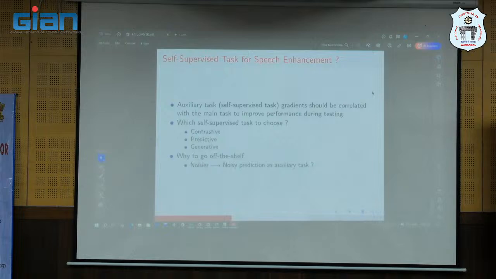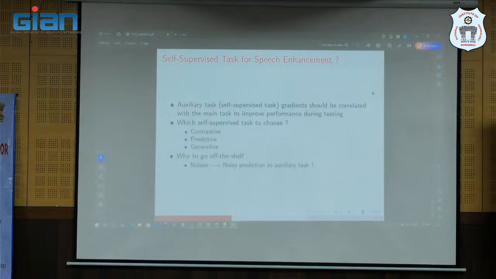Now with this task we are not trying to reduce all the noise, but only the noise that we have introduced explicitly, and the gradients from this kind of auxiliary task will be correlated with the main task that we are addressing. So I think this particular task would be more correlated with it.